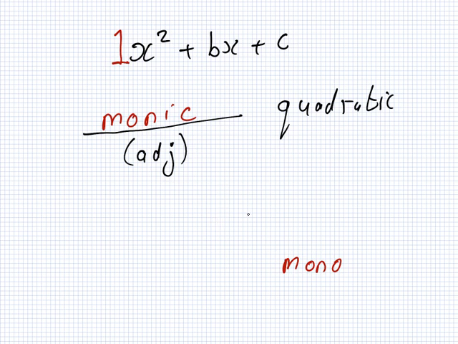What is monic? Mono is a prefix, a bit like bi or tri, triangle, bicycle. This means 3, this means 2, and this means 1. So as an adjective, it's monic.